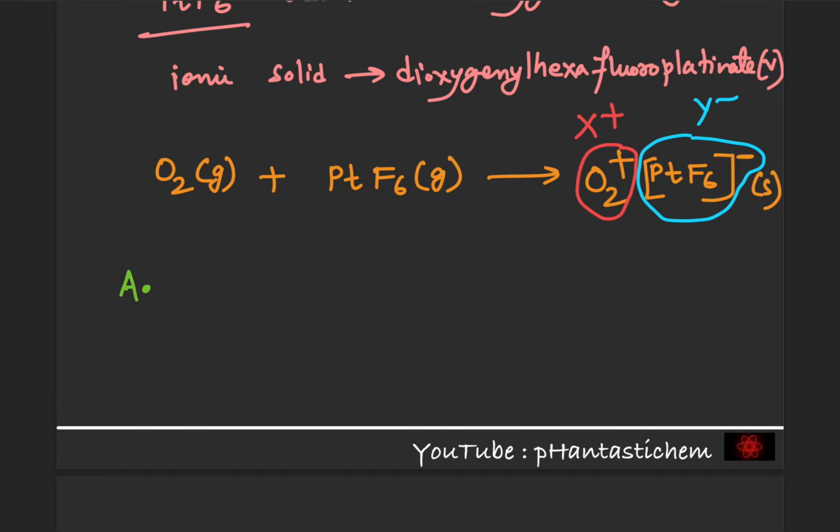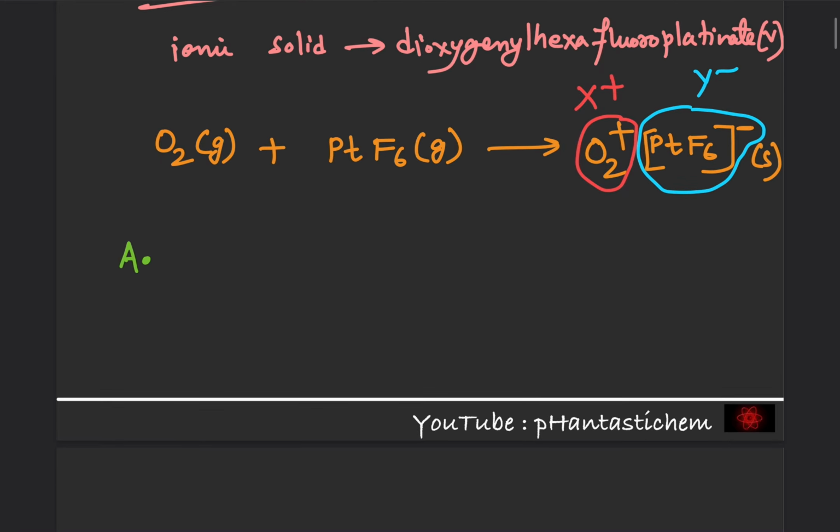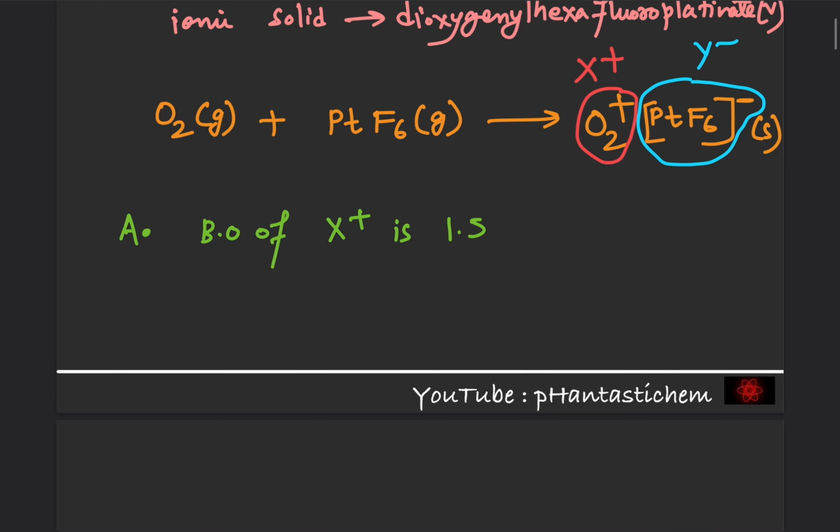A says that the bond order of X+ is 1.5. Okay, so X+ is, as we found out, O2+. The name of this guy is dioxygenyl.